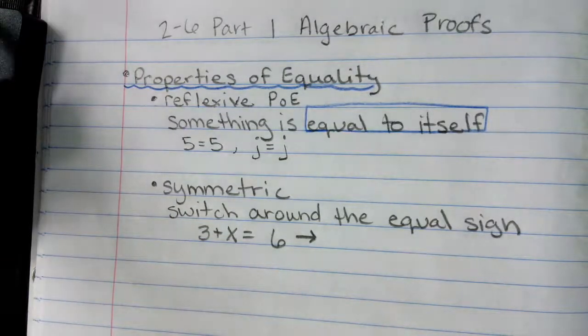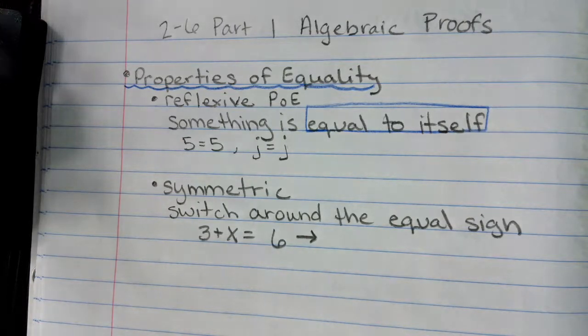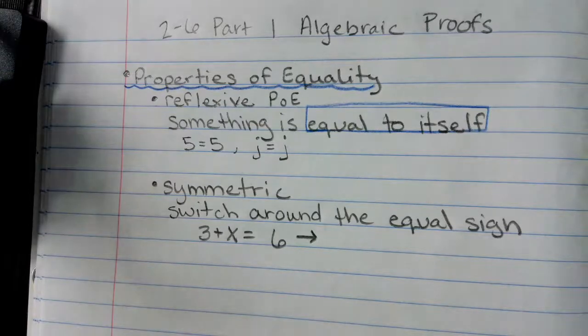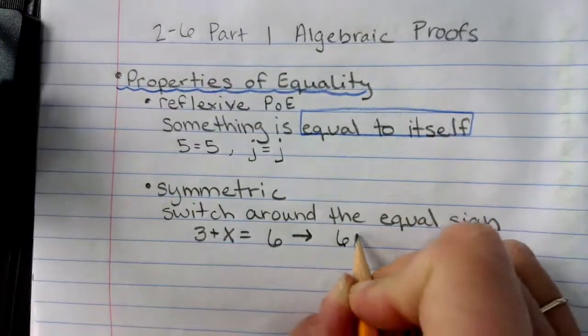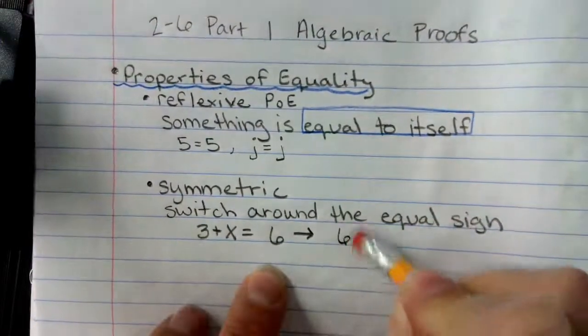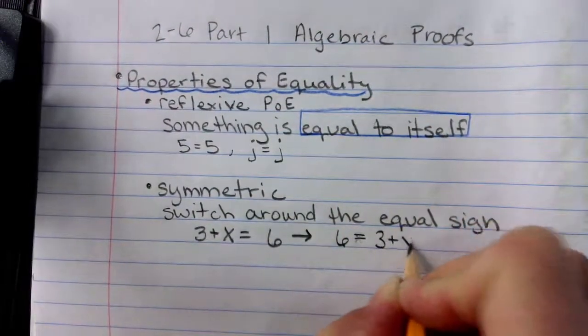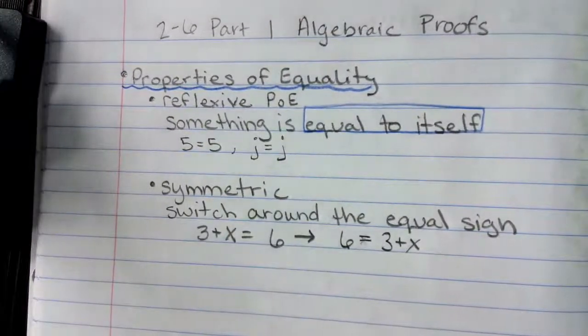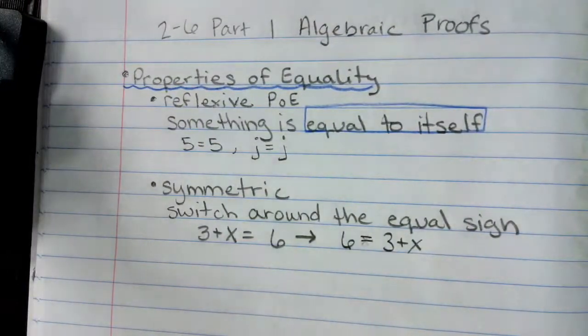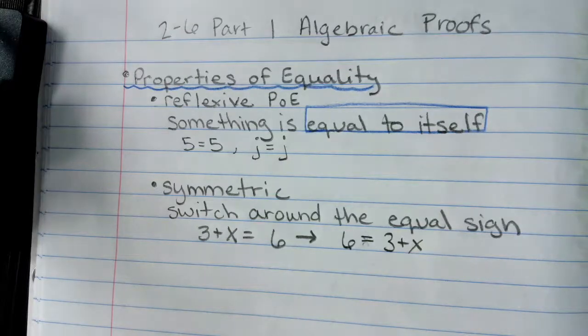So if you fold it in half, what would end up on the other side? 6 what? We're not going to switch around the other side. We're just going to flip it so it's on that side. So 3 plus x. Because that would be that commutative property, and then we're just involving lots of other things. So instead of saying 3 plus x equals 6, we could flip around those two parts on either side of the equal sign and say 6 equals 3 plus x.